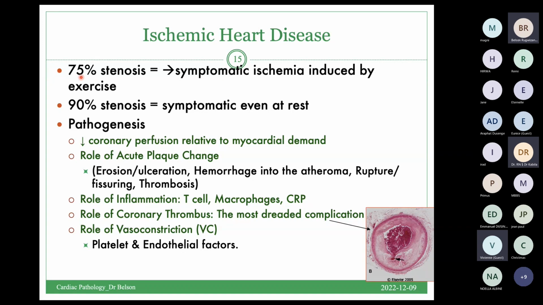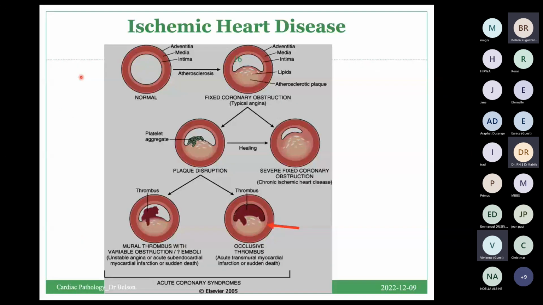So the pathogenesis is understandable from what we saw in atherosclerosis. We don't have to go into that again. We will read it. So this is a normal vessel. We consider this is a coronary artery. With atherosclerosis, you see that the caliber has decreased in its size because of this atherosclerotic plaque here. So this is a fixed coronary obstruction, and it can cause typical angina.